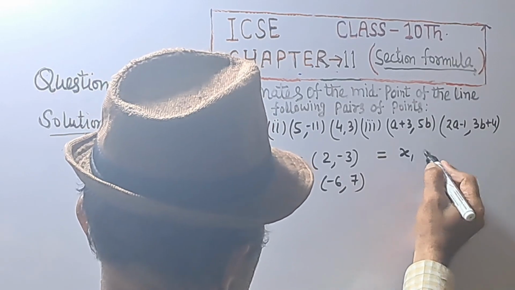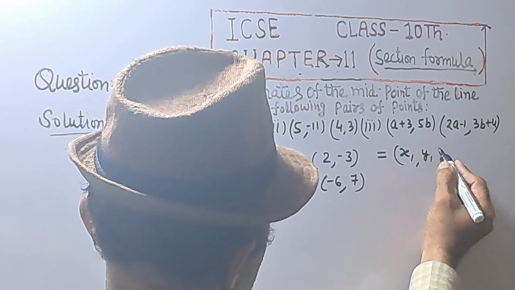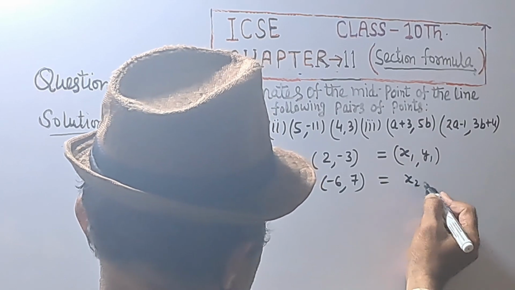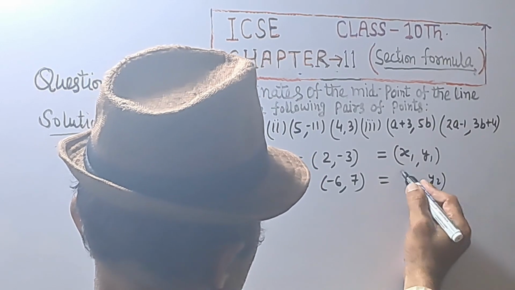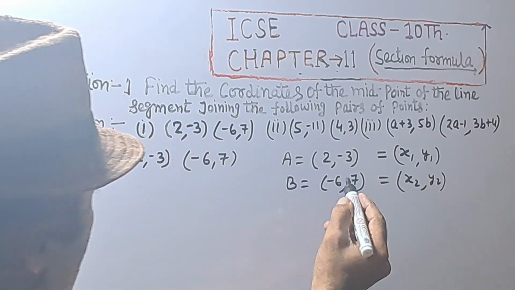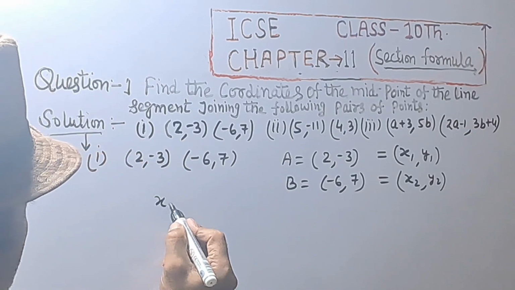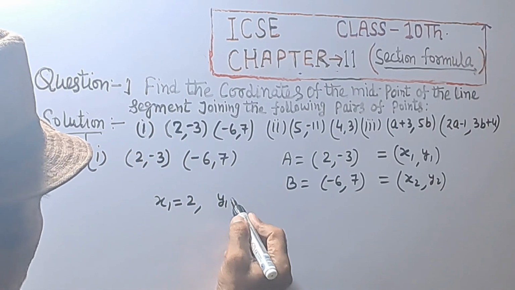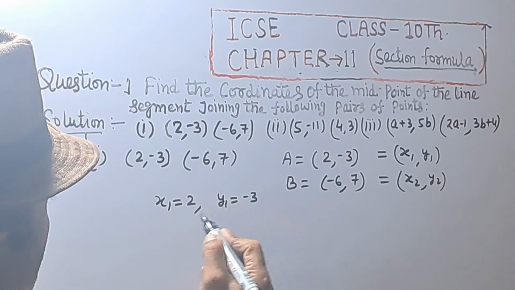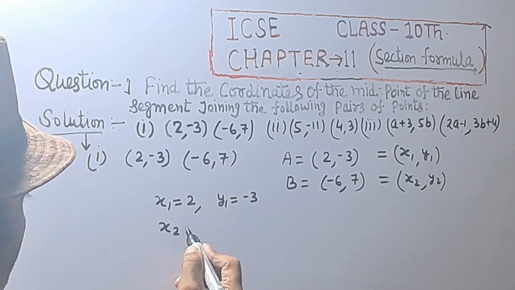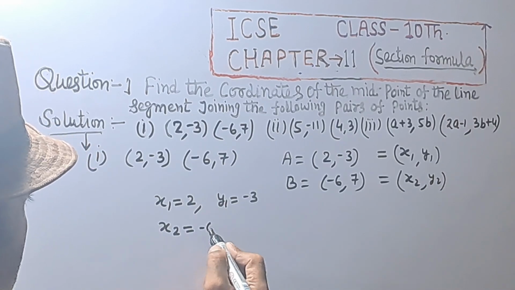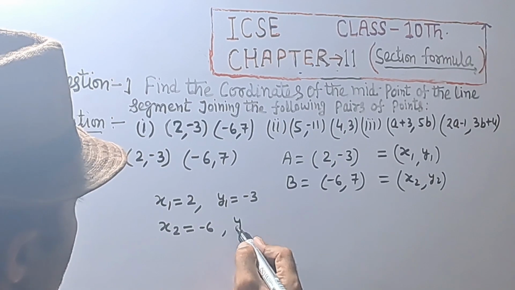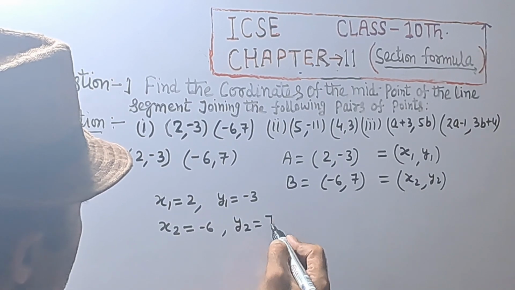That is x1, y1 and x2, y2. X1 is equal to 2 and y1 is equal to -3. X2 is equal to -6 and y2 is equal to 7.